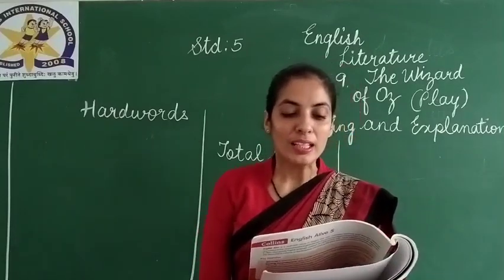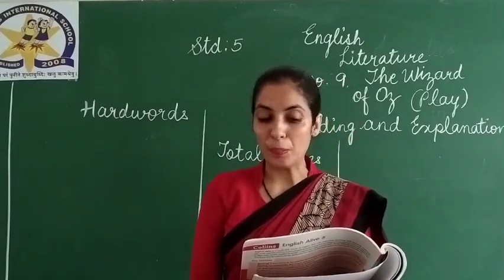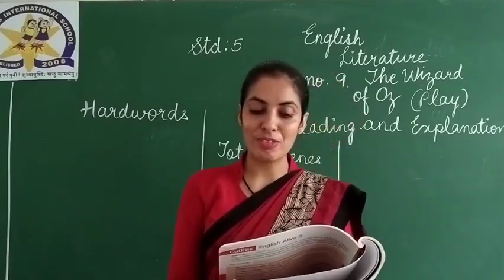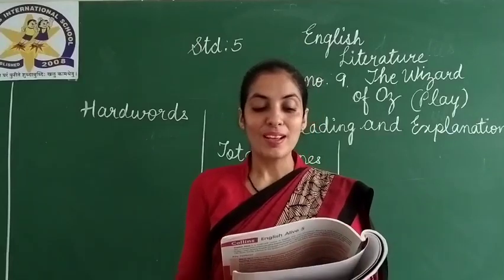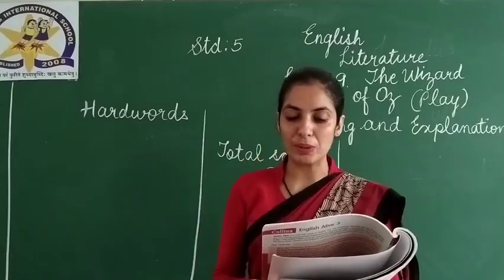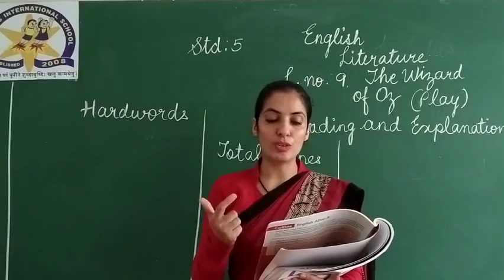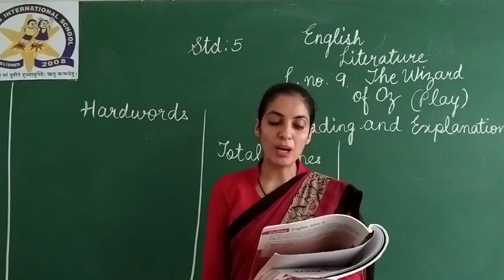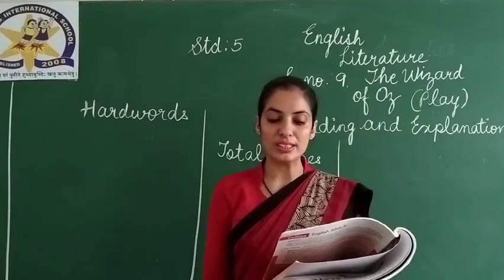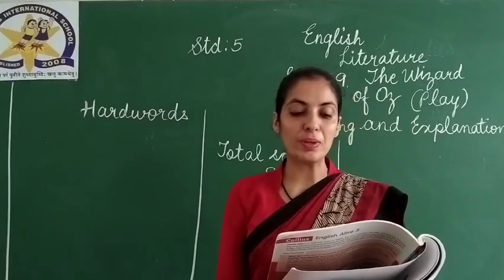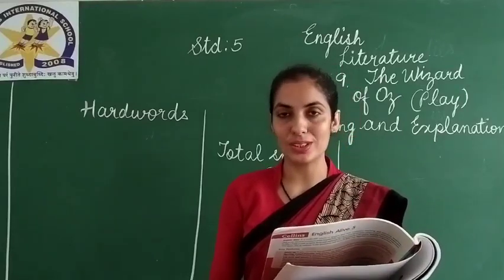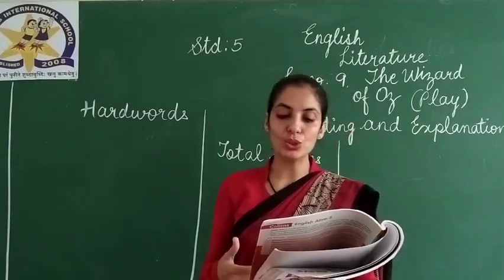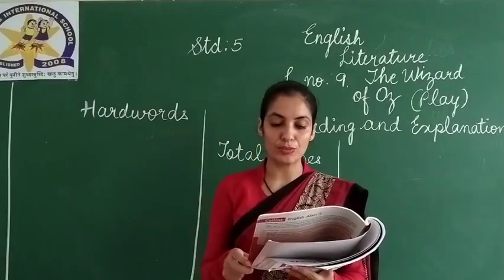In this chapter we will read a play based on the popular American novel The Wizard of Oz, learn some French words used in English, learn the use of direct and reported speech, reporting verbs and inverted commas, listen to a passage and arrange pictures, talk about reducing the impact of natural disasters, learn the 3 different pronunciations of ch in words, and practice writing a speech. So these are the overall objectives of this lesson.